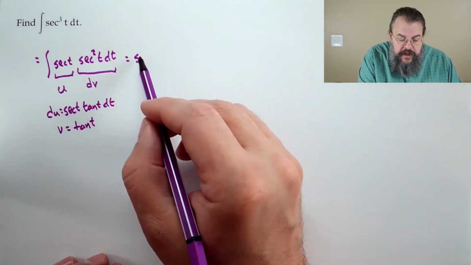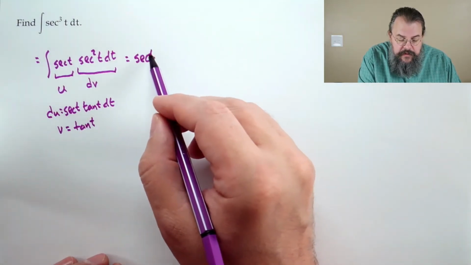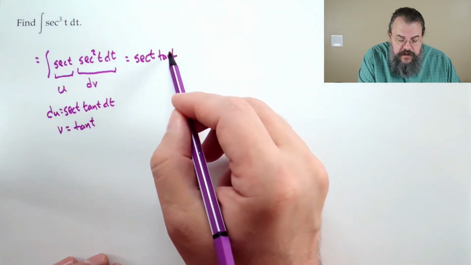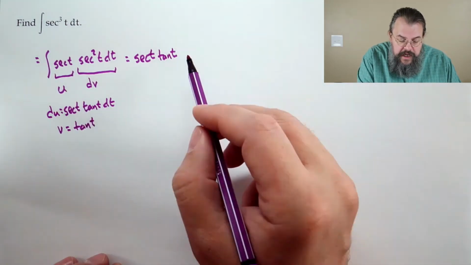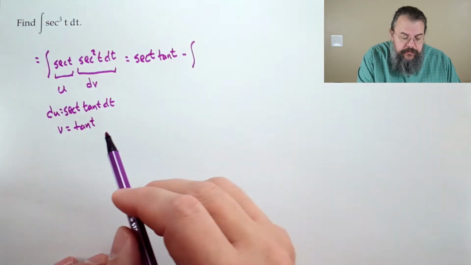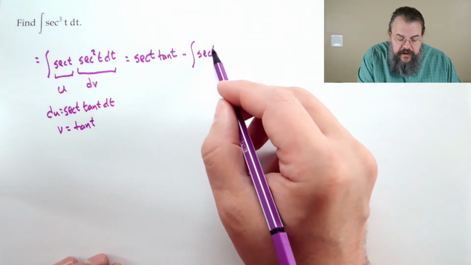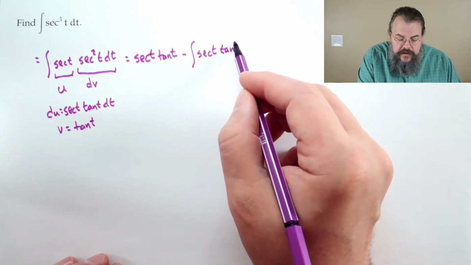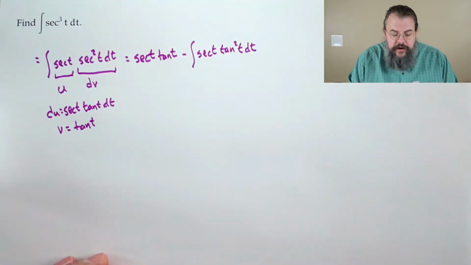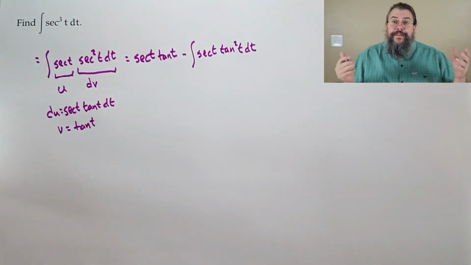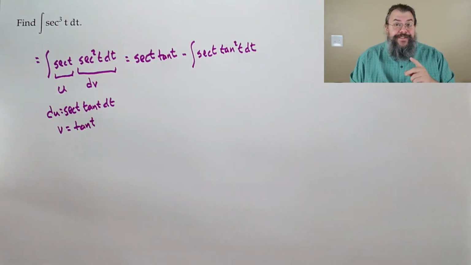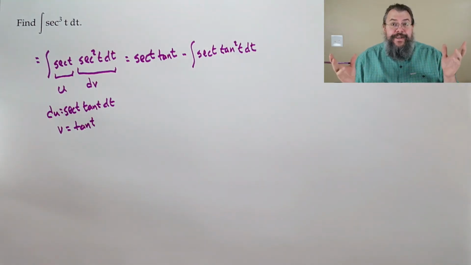So we're going to get secant of t times tangent of t, minus the integral v du. So that's a secant tangent squared. All right. At least it feels like we're doing something.